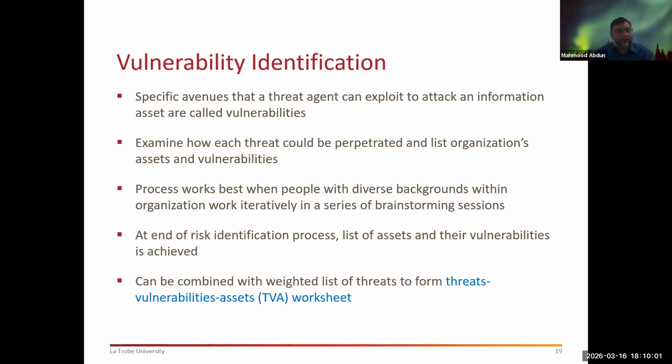So the vulnerabilities remain. So we need to identify the vulnerabilities. And as I mentioned before, vulnerabilities only exist in relation to a threat and asset pair, right? Vulnerability is the thing that connects a threat and an asset, right?